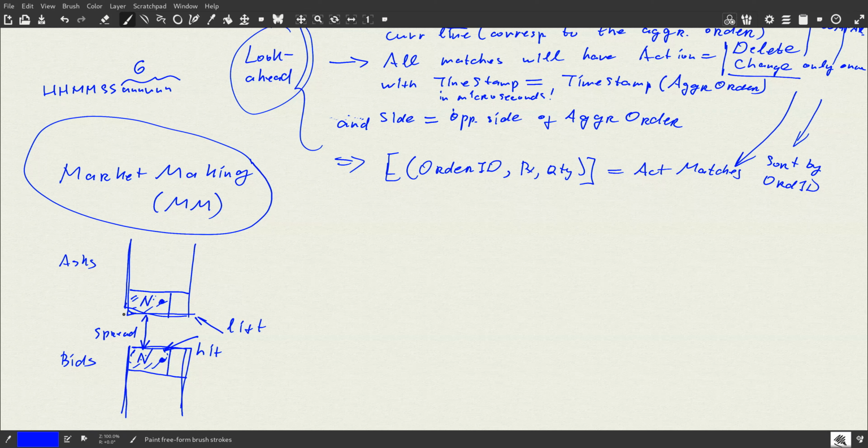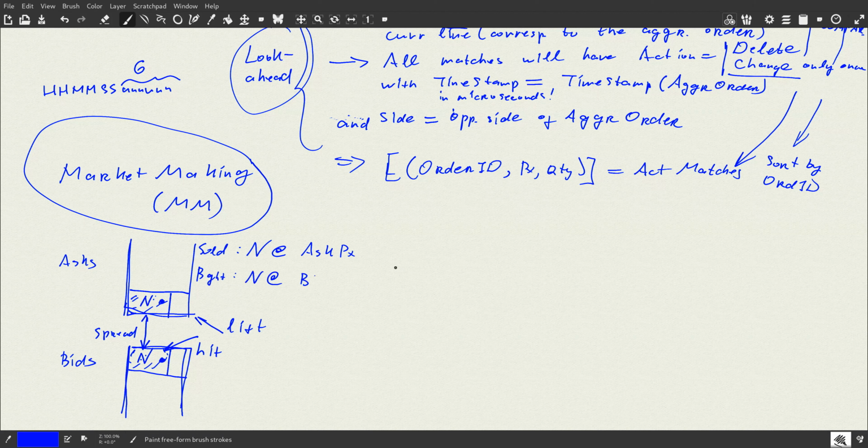Because from our point of view, we sold quantity n at ask price, and we bought n at bid price.